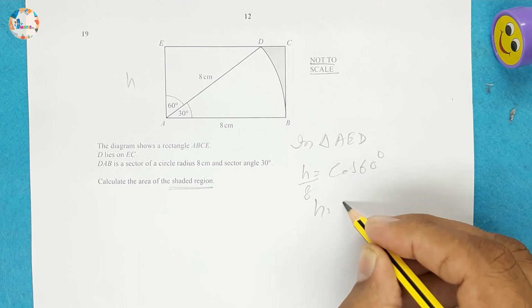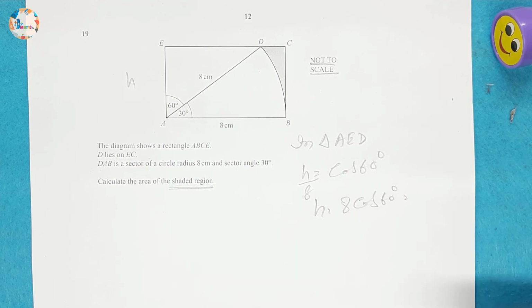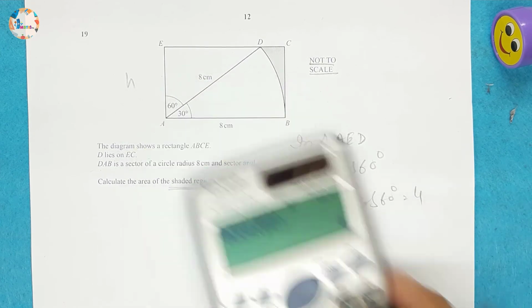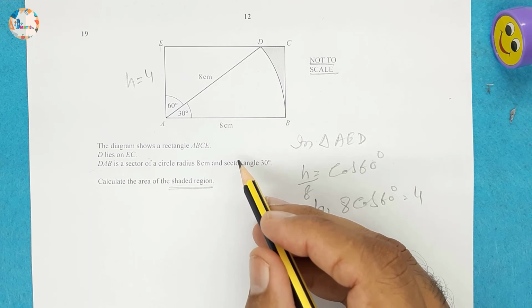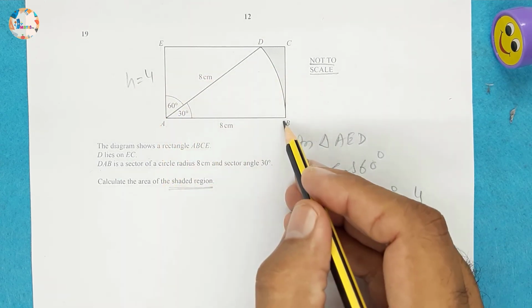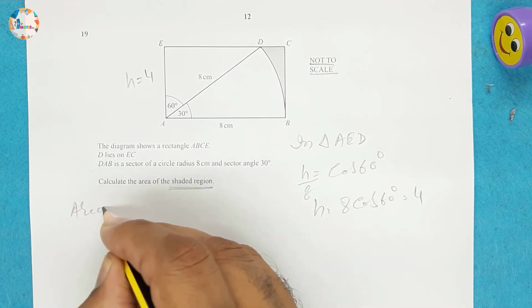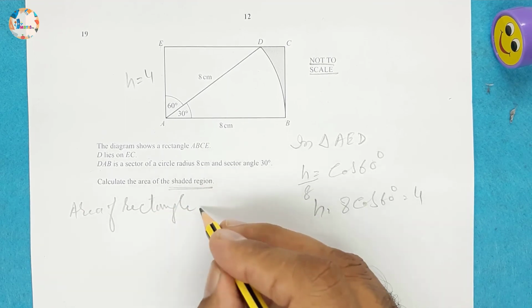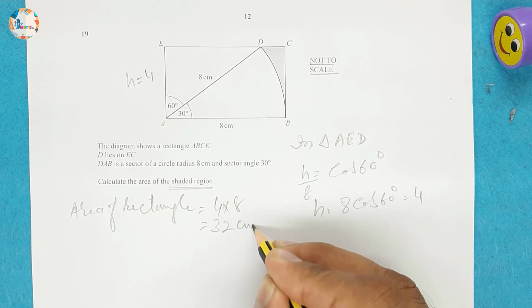So h will be equal to 8 cos of 60 degrees, which will be equal to 4. So we have first of all calculated this side. Now after finding this side, we already have this side as 8, so we can find area of rectangle. Area of rectangle will be equal to 4 multiplied by 8, which is equal to 32 centimeter square.